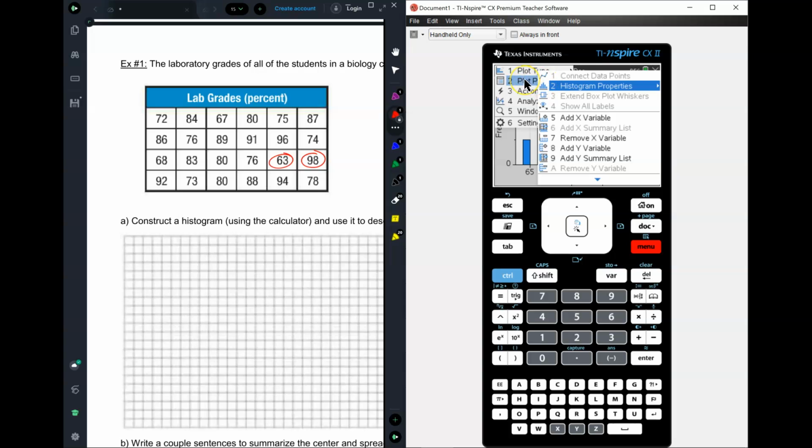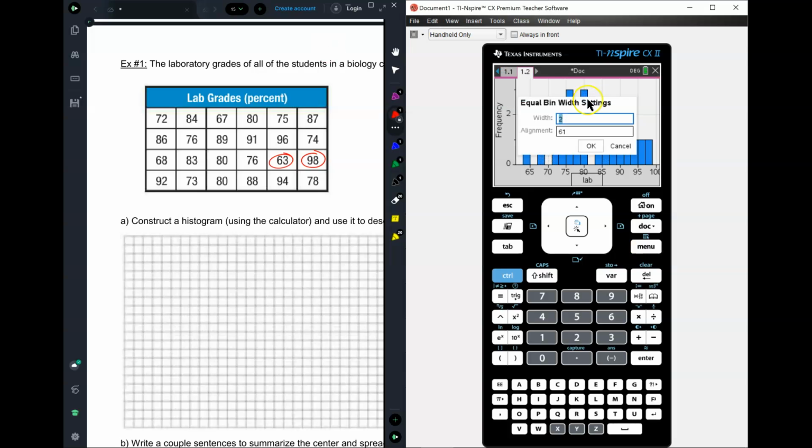Number 2 is plot properties. Number 2 is histogram properties. Number 2 is bin settings. Click on bin settings, then you're going to want equal bin width. I want my width to be 5. And the alignment, 60.